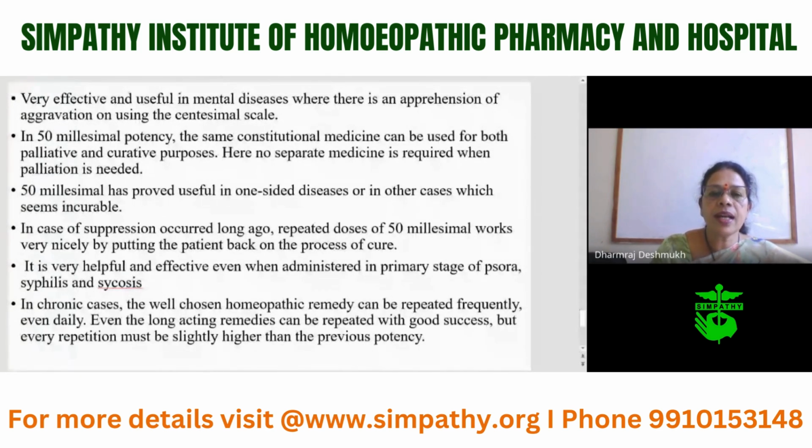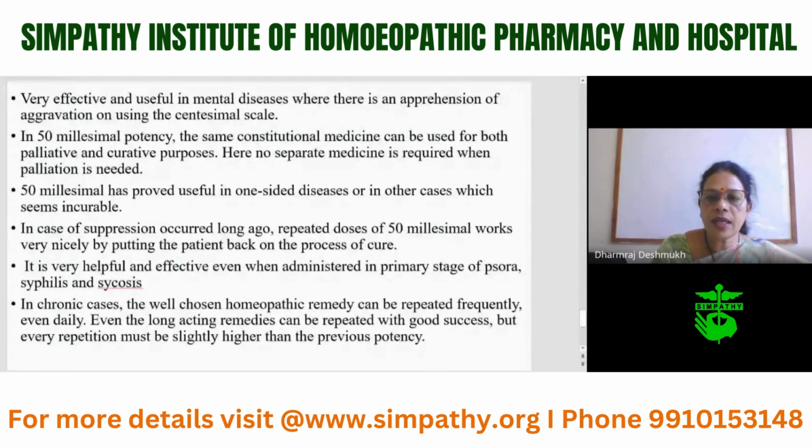Again, in suppression cases, you can administer this potency, which will open the case, and you can again start the treatment for the suppressed cases. This is again useful in miasmatic diseases, for those suffering from psora, syphilis, or psychosis.